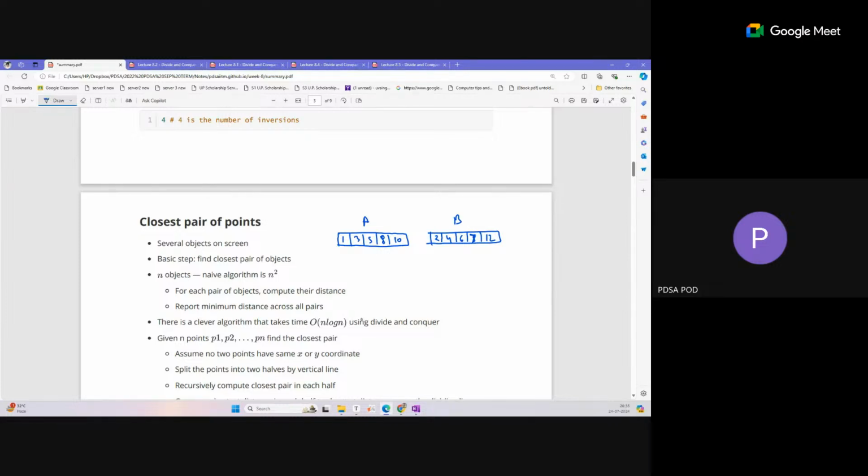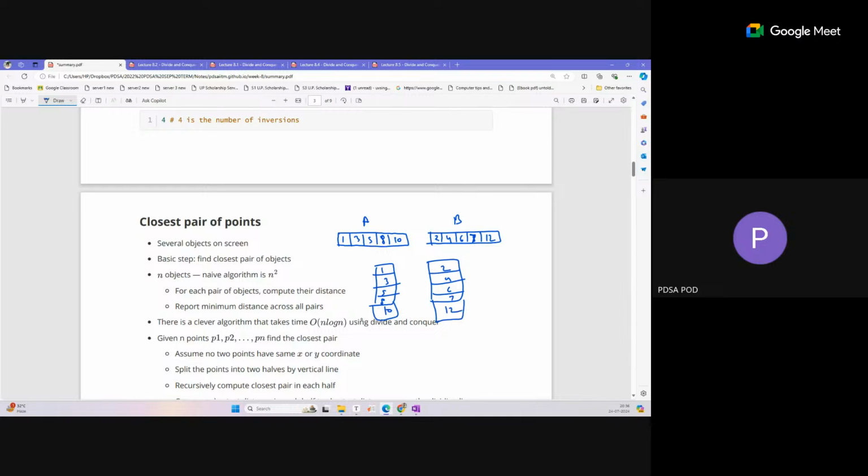Now we have these two sorted lists, and we are merging them by the merge process. When we are merging the elements, they come into sorted order, and our merging happens like this. We have the first list and the second list, and I'm writing them vertically now: 1, 3, 5, 8 and 10, and here 2, 4, 6, 7 and 12.